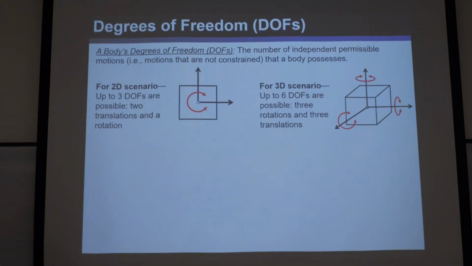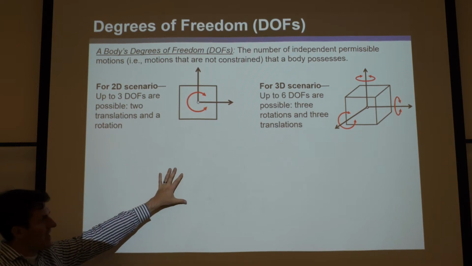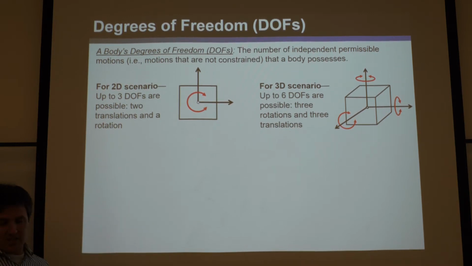First, it's important that you understand degrees of freedom. What are degrees of freedom? Well, every body, every rigid link, everything, has a set of degrees of freedom. For two-dimensional scenarios, every unconstrained body, it has no constraints, it's just a body, but it's stuck on a plane, has 3 degrees of freedom.